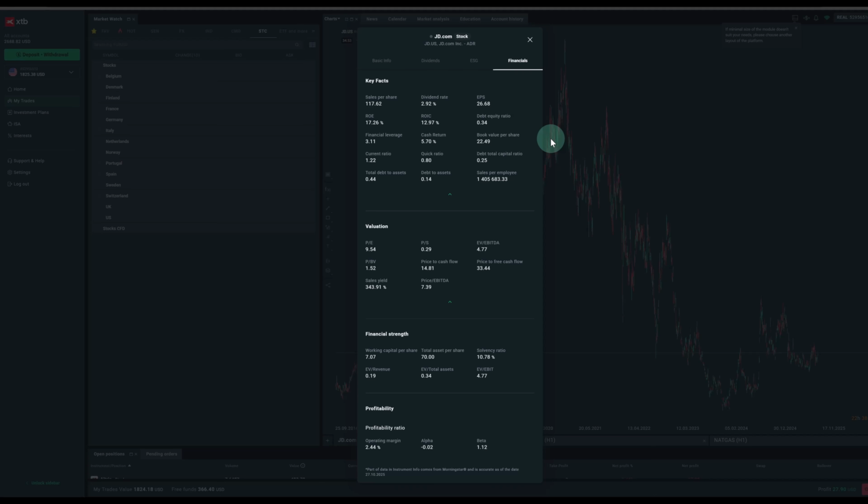JD trades at roughly half the valuation of comparable Western peers. It's a sign that investors still heavily discount China exposure. And then operating margin, thin margins are typical for large e-commerce players, 2.4%, quite low. But JD has managed to stay profitable even during China's consumer slowdown. So that's a sign of strength.